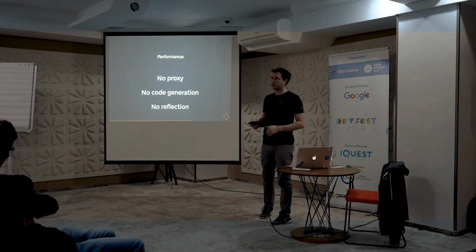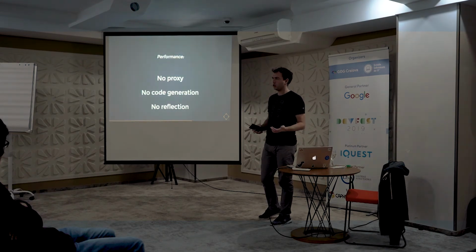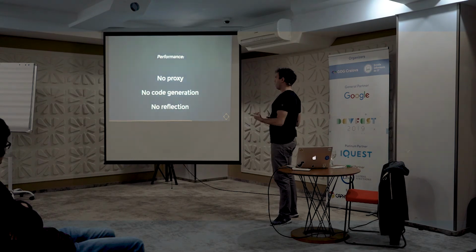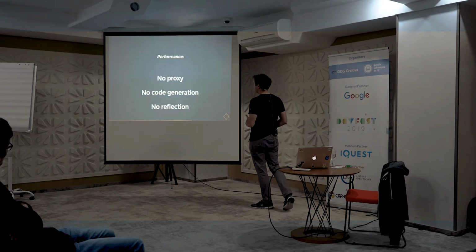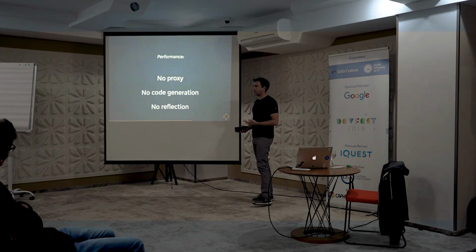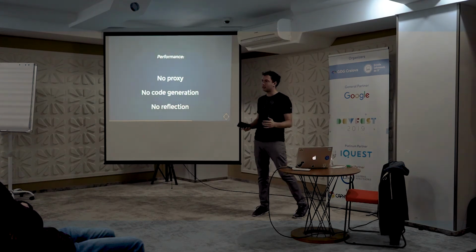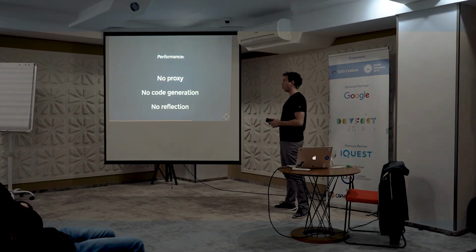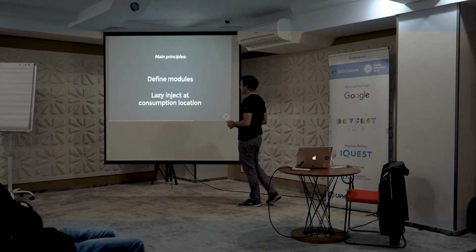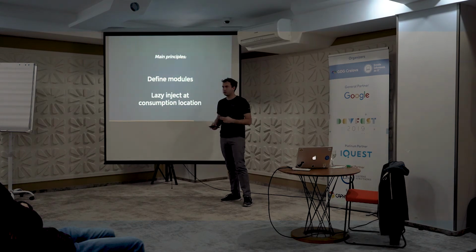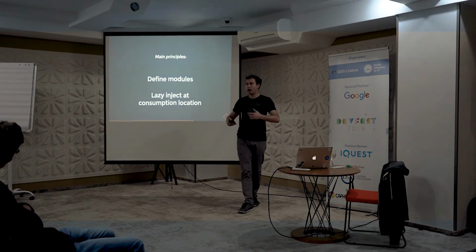It's using some of the very fancy features of the Kotlin language to make this work without any proxies, without generating any code, and more importantly, without any runtime reflection. It's also fully typed, so it works really nice without any performance hits for your application. It has two main principles. There's one place in the app where you define your modules.